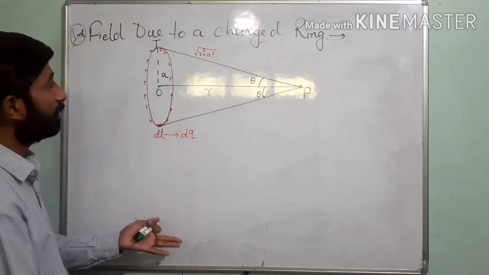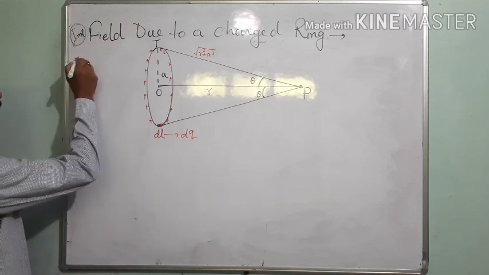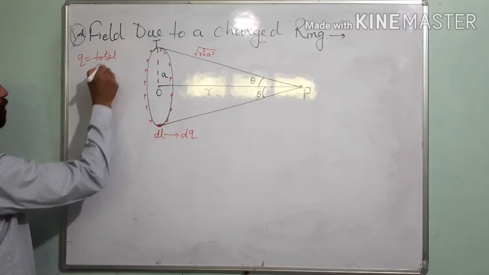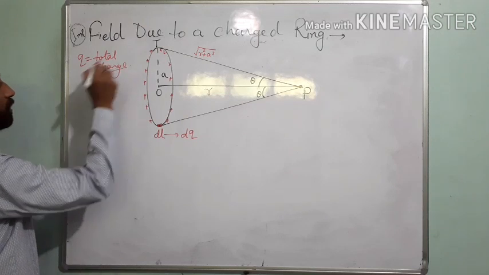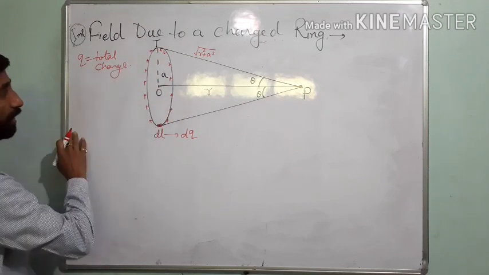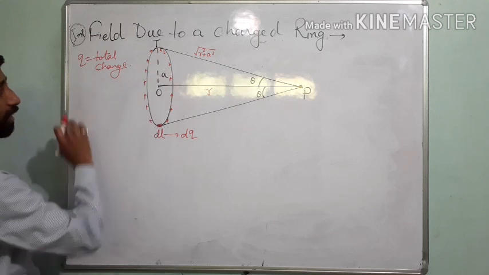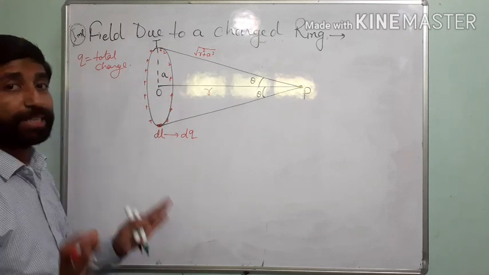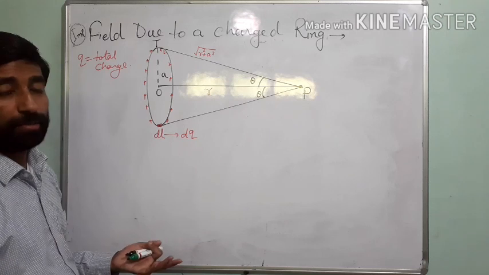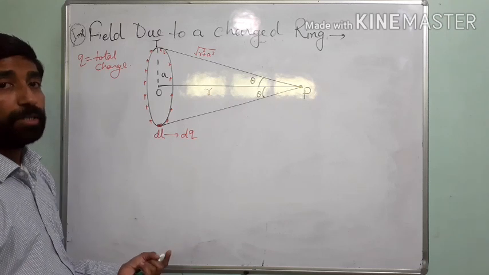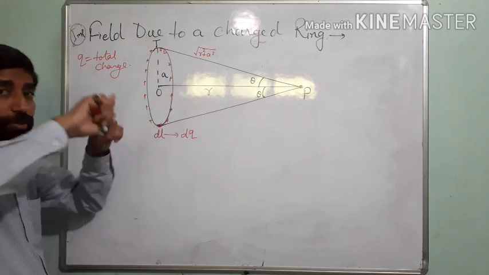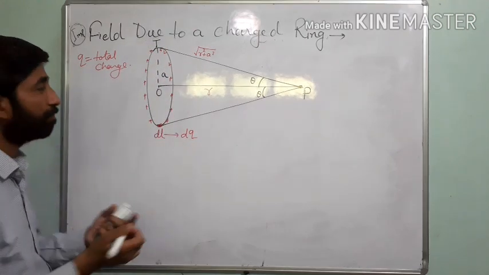For that, first suppose Q is the total charge given to the ring, where A is the radius of the ring. Then the charge per unit length is equal to what? Total charge over total length of that wire or this closed wire called a ring.